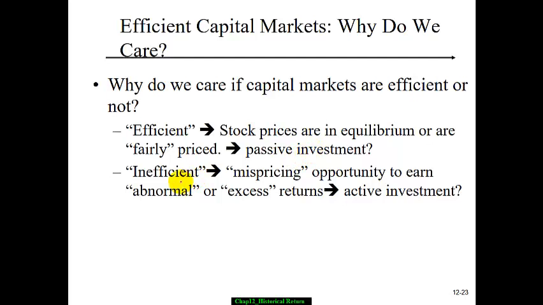Now, if the market is not that efficient, which means that they do have mispricing opportunities, so if you're actively searching, spot some mispricing opportunity, act on that, yes, you might get abnormal returns. So this is a justification why mutual fund managers or other investors actively manage their portfolio.